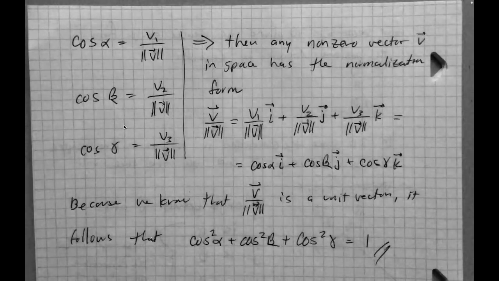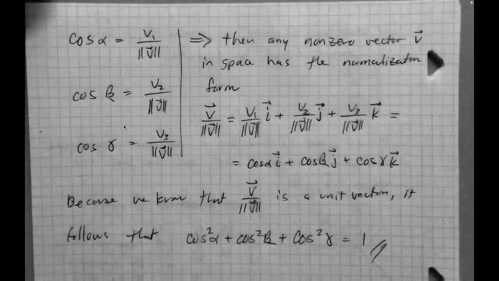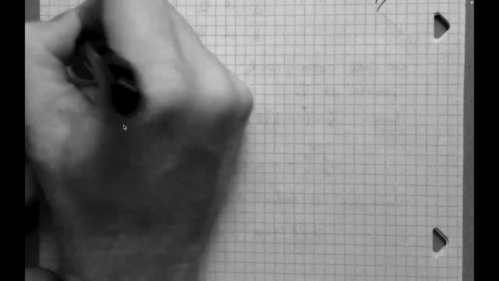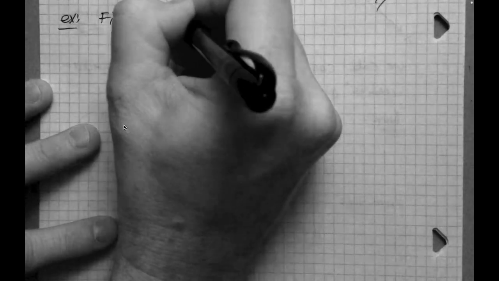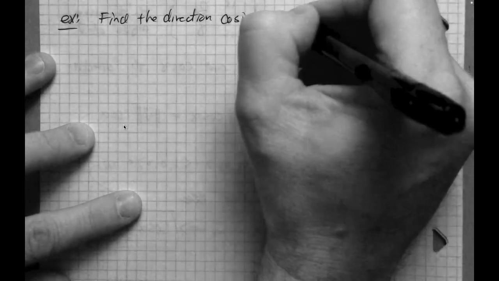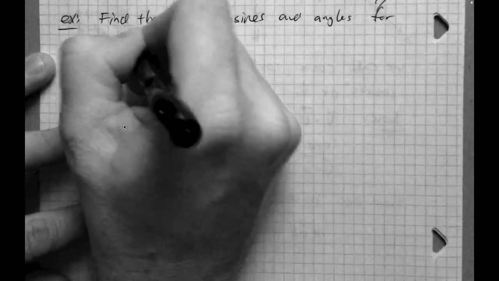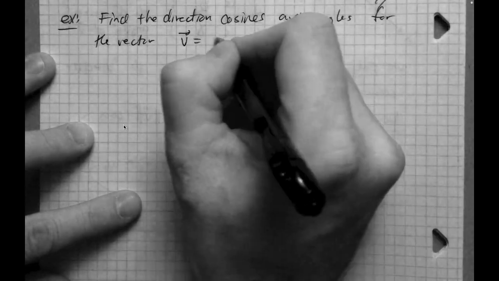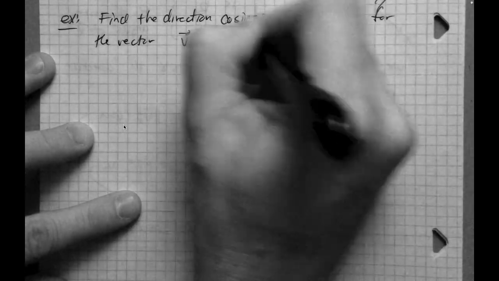Okay. Excellent. Let's do an example. Let's pull some of these together in an actual example with some actual numbers. Let's find the direction cosines and angles for the vector v equals 2i plus 3j plus 4k.